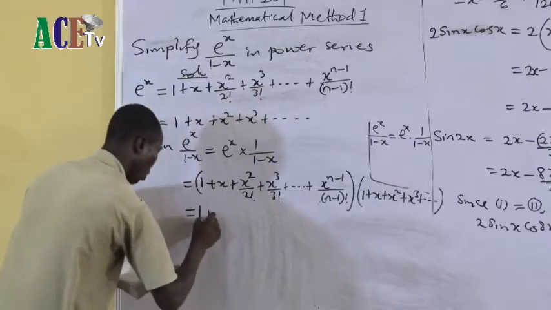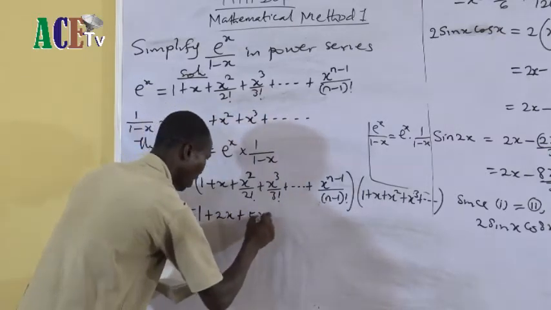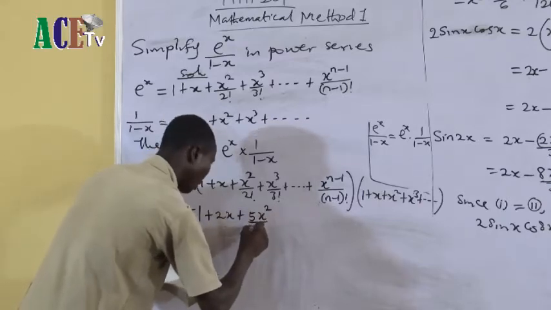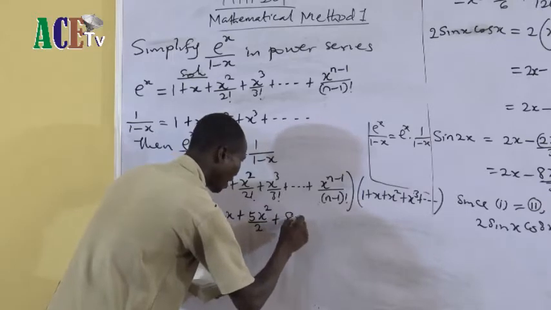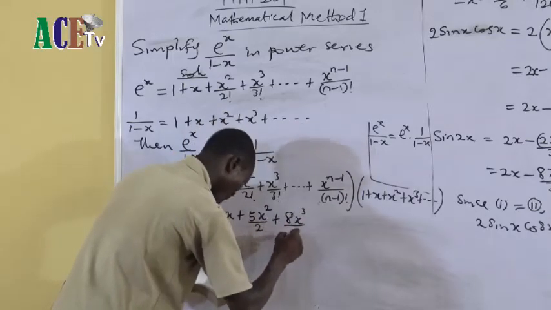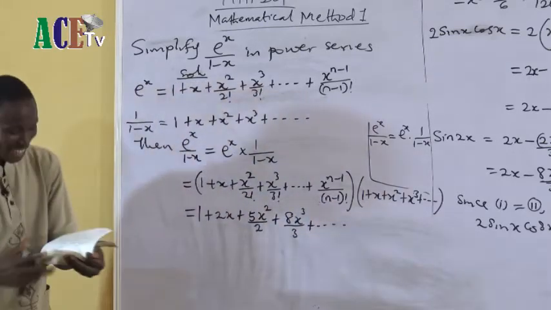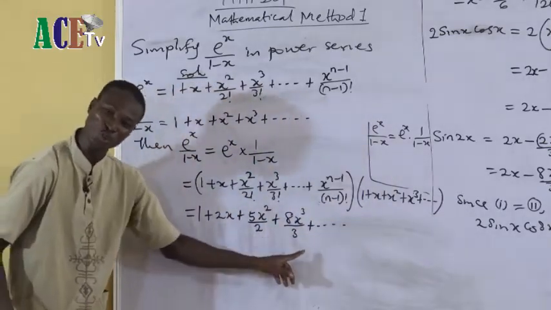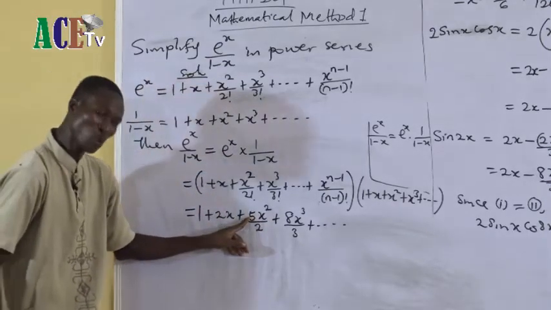Then this one will give me 1 plus 2x plus 5x squared over 2 plus 8x to the power 3 over 3 and so on. I didn't write factorials for all of these. This one is 5, good.